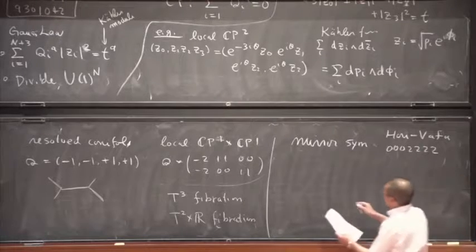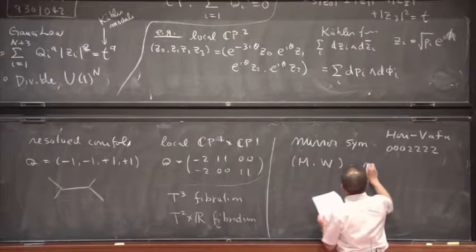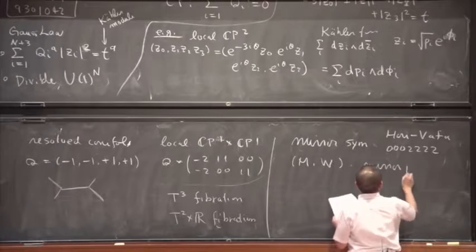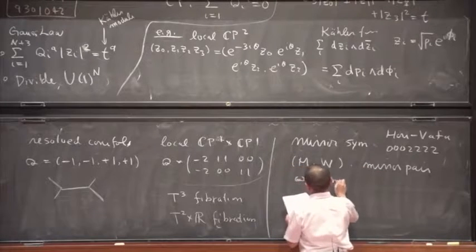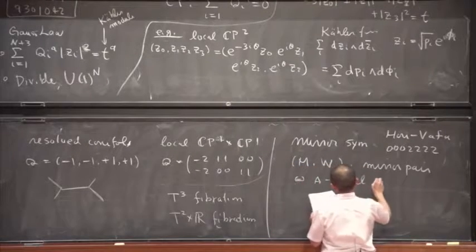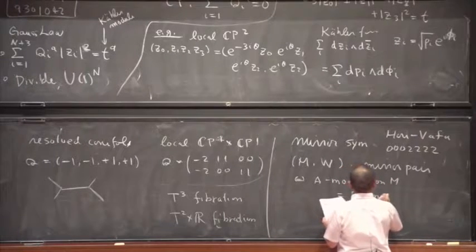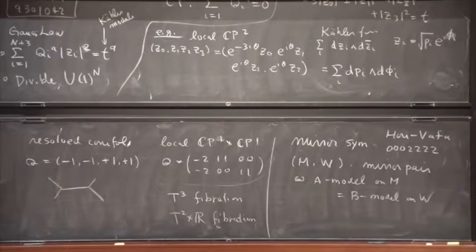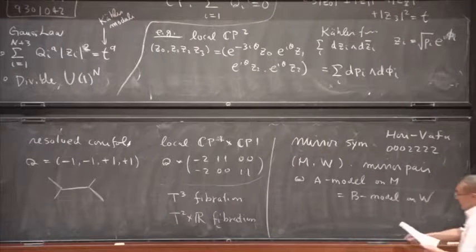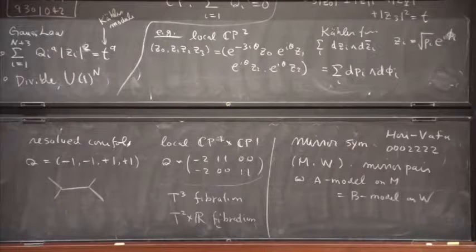I just want to briefly remind you that if you have a pair of Calabi-Yau manifolds, it's called a mirror pair if the A model on M is equivalent to the B model on W. Suppose you have the A model on a toric Calabi-Yau, then you can ask what the mirror Calabi-Yau manifold is, and this construction gives you an answer to it.